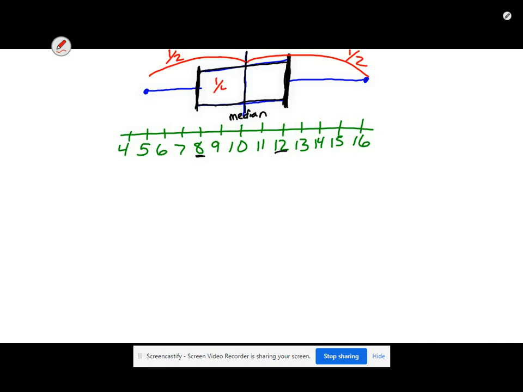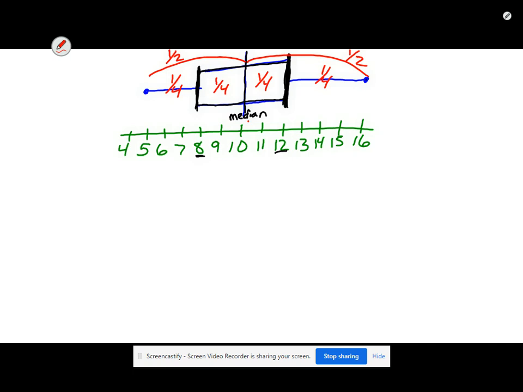Then there's 1/4 here, 1/4 here, 1/4 here, and 1/4 here, because those halves are broken into half. Half of a half is a fourth. So we've got our middle. Half of the numbers are above it, half of the numbers are below it. Then we have the middle of that top half, the middle of the bottom half.